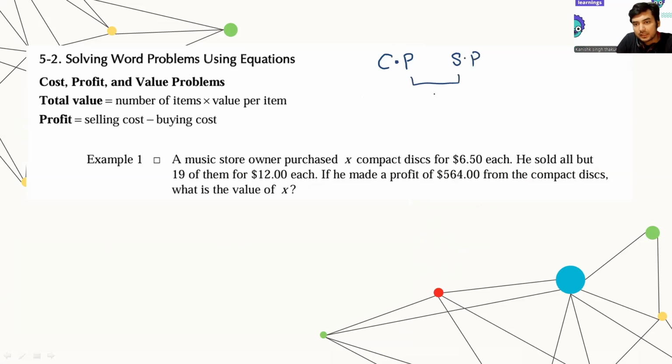Selling price minus cost price will give you profit. And cost price minus selling price will give you loss. Then you write the marked price. With this marked price, when you apply a discount, you get the selling price. So marked price, when you do the discount, you get selling price.